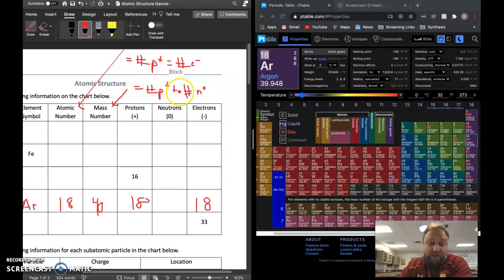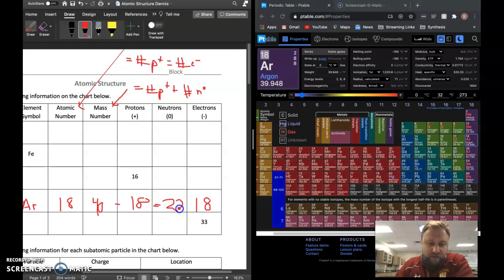So if I subtract my number of protons from it, which is 18, that will give me my number of neutrons, because that's what my mass number is equal to. Protons plus neutrons is my mass, so if I take away my protons, all I'm left with are my neutrons. So 40 minus 18, that should be what? 22.